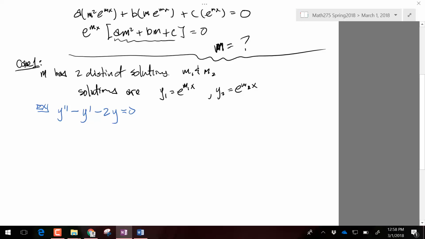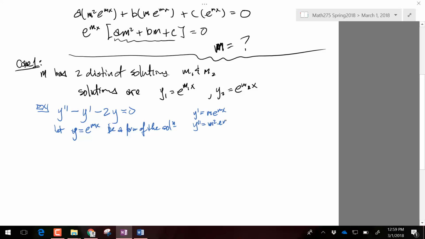Okay, so let's assume what we're going to assume here. Let y equal e to the mx be a form of the solution. So we have y prime is equal to m e to the mx. We already did this, right?